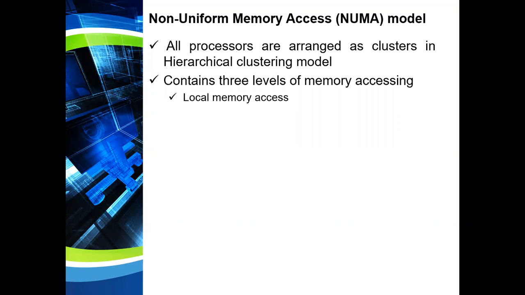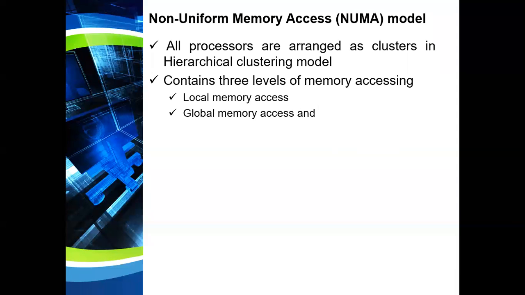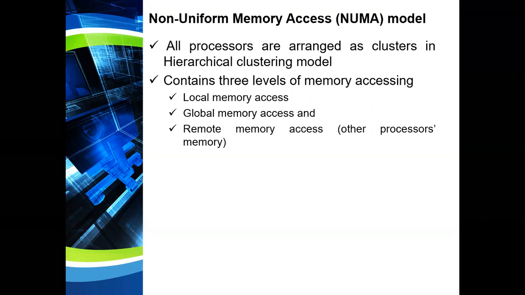So what are they? First one is the local memory access. Next one is the global memory access. And the last one is the remote memory access, that means other processors can access the locations of the remaining ones.